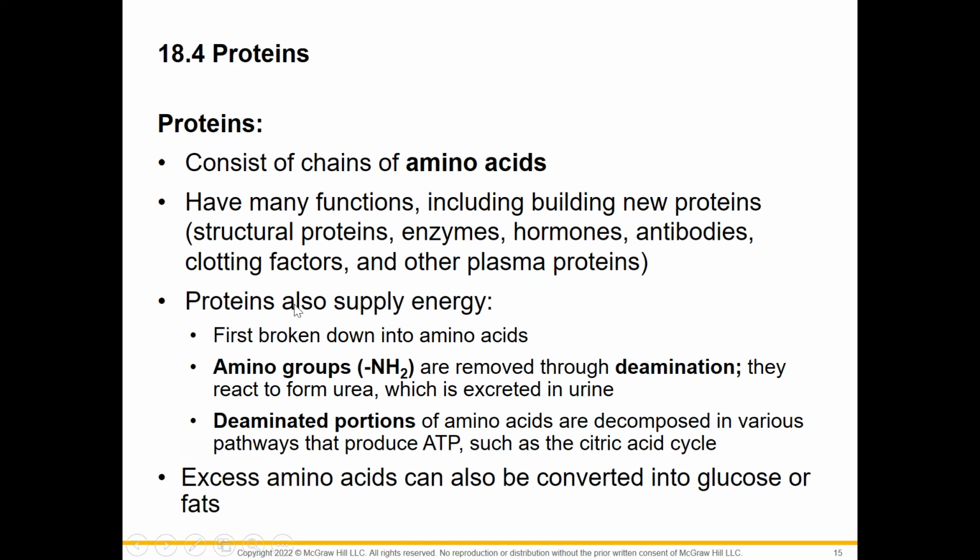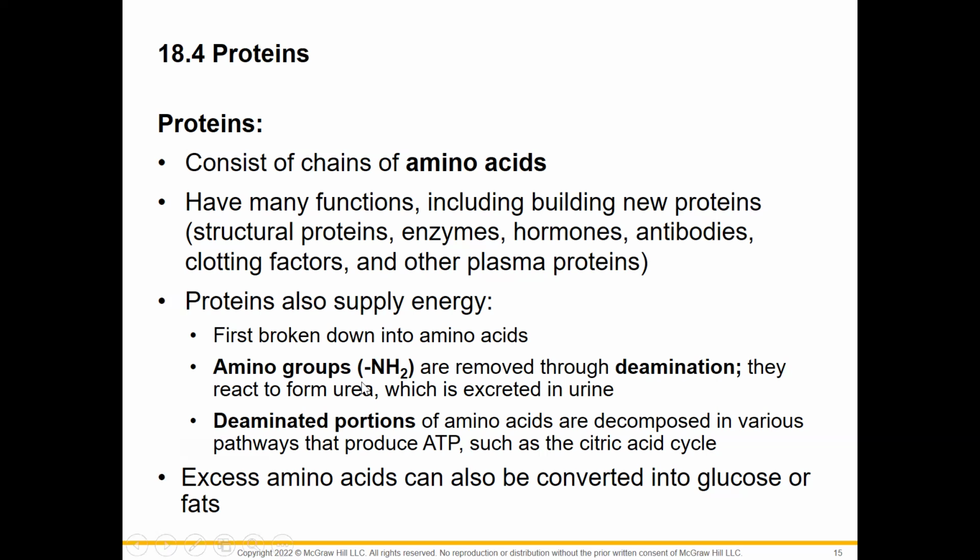Your proteins can also give you energy, even though your body's primary energy use is carbohydrates that are broken down to glucose, you still use proteins as energy. So, proteins are first broken down into their amino acid backbones, and then the amino acids are broken down.